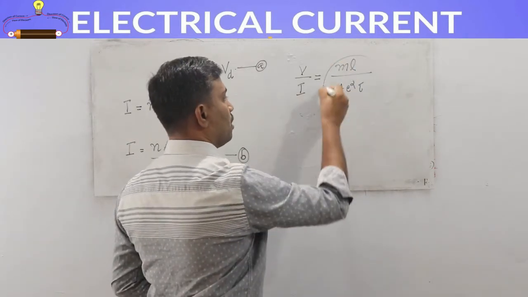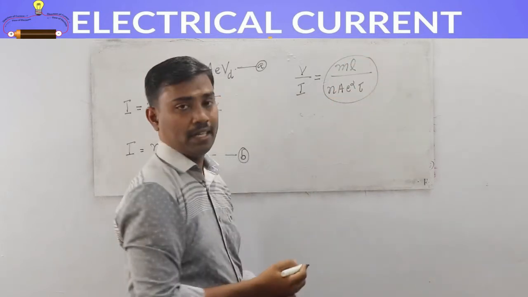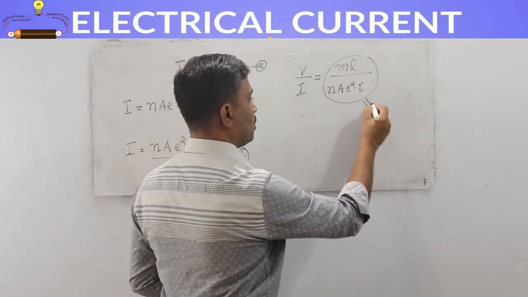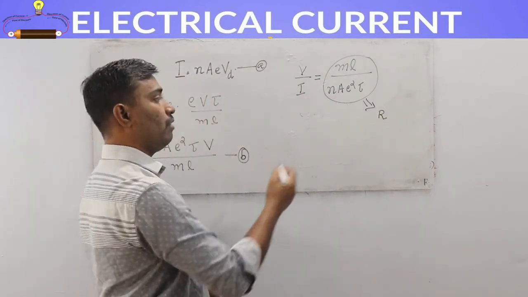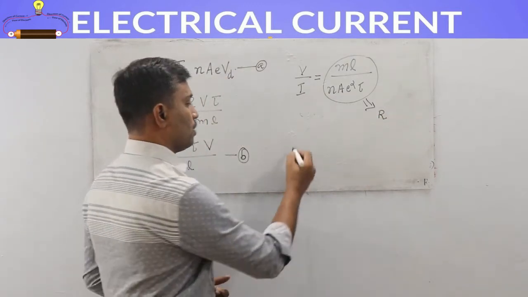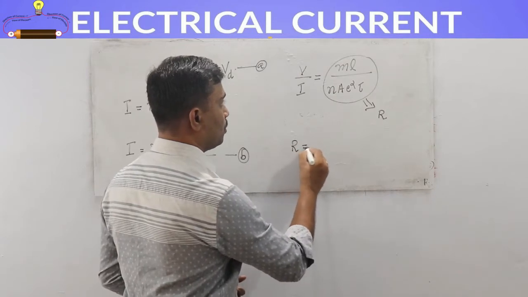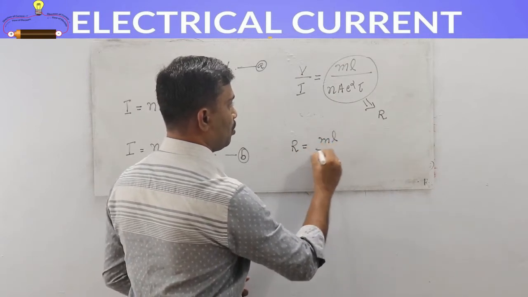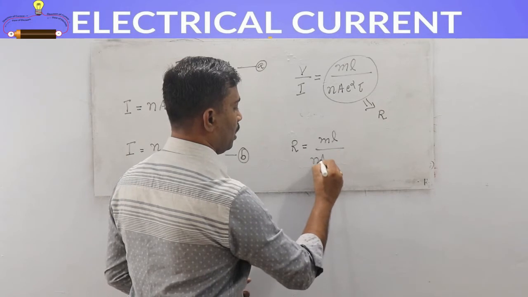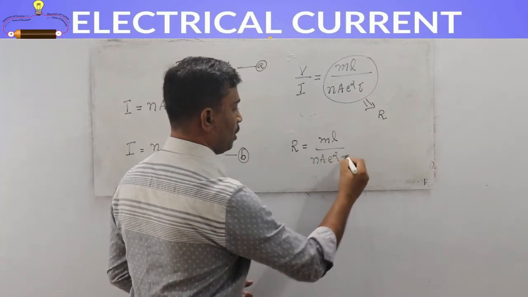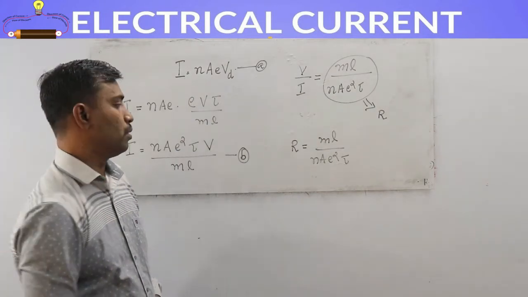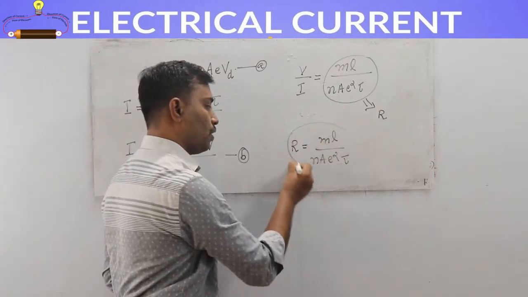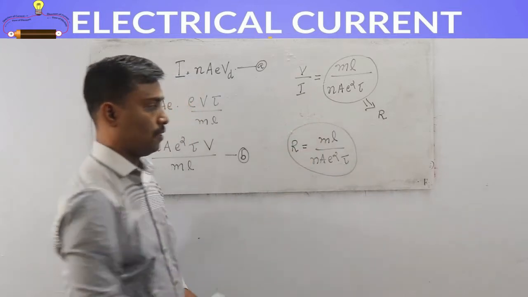So this value is constant for a given conductor. So we call it resistance. Resistance R is equal to mL divided by nAe square tau.